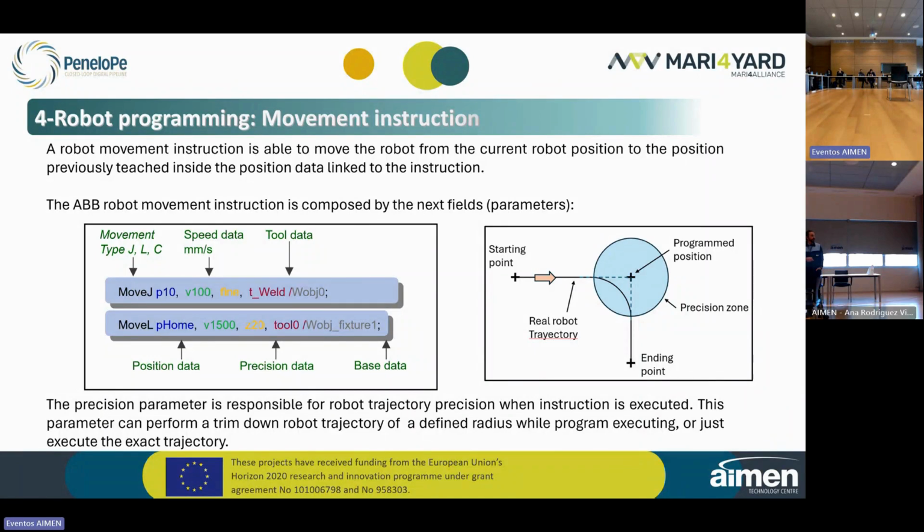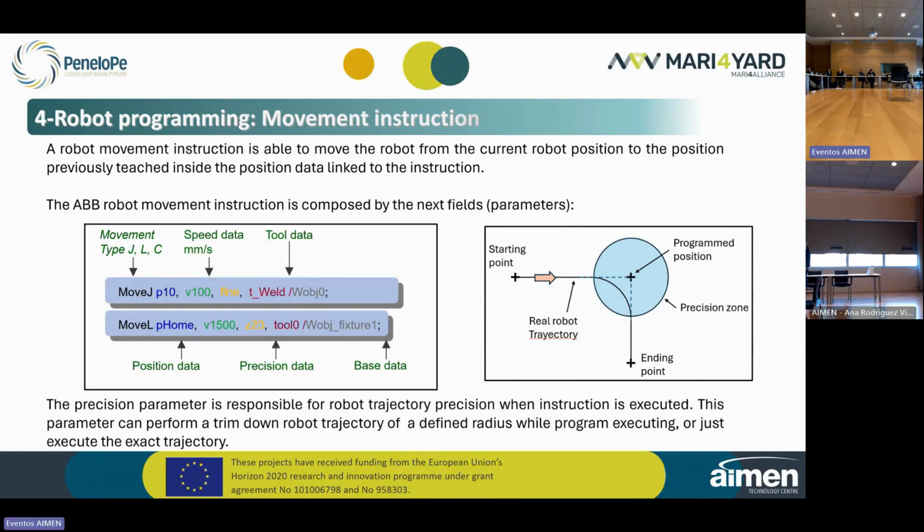For example, if I put Z20 instead of fine, the robot is going to start moving from this starting point to this point. But when the robot collides with an imaginary sphere in the space of radius 20 millimeters, the robot is going to start to move to the next instruction, to the next point.